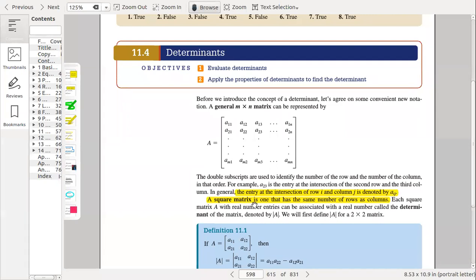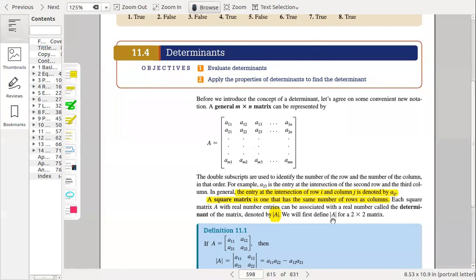The determinant can be denoted with the absolute value of A. So if we have a square matrix whose entries are real numbers, then the determinant of this matrix is also a real number.